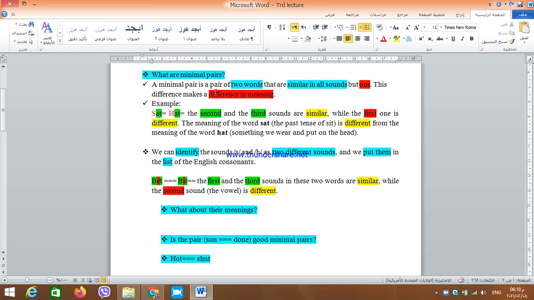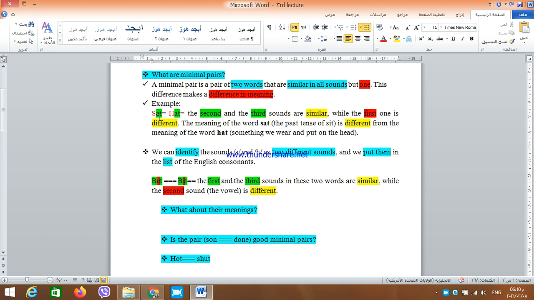Now, as we said previously, a pair is a good minimal pair if it has two words, like these two, which are similar in all sounds except one that is different. So here we have three sounds in the word sat, and here we have three sounds in the word hat. So the "at" in the two words are the same. They are similar, but the first sound is different.